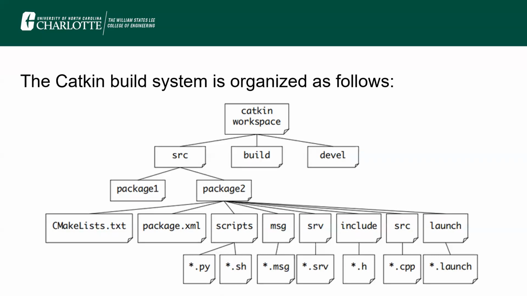A few of these just to highlight: we're going to be adding things to the scripts portion of the packages because we're going to be coding in Python today. So we're going to populate the scripts directory, but these other directories have different things like messages. You can create new message types that go into packages.